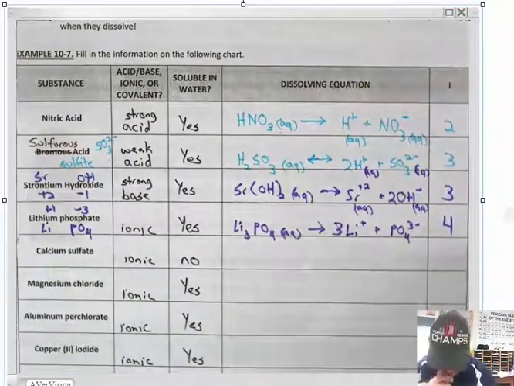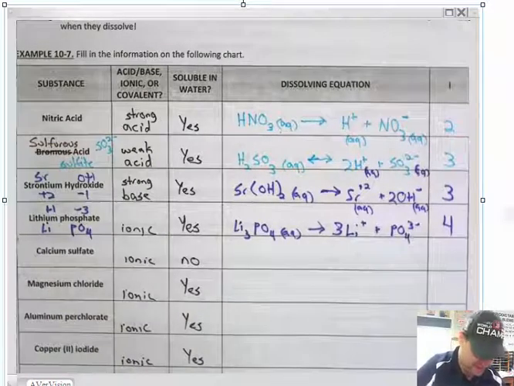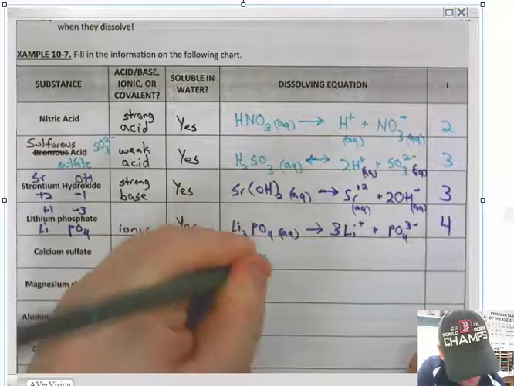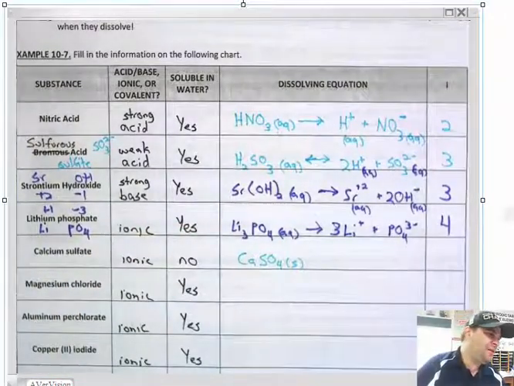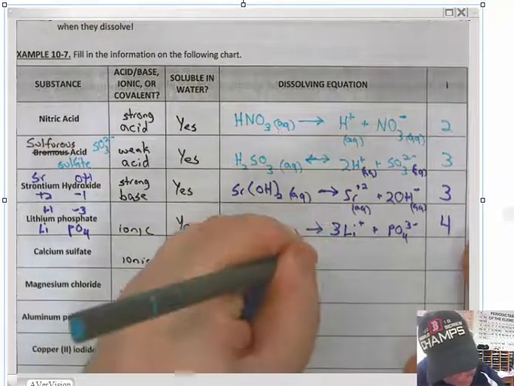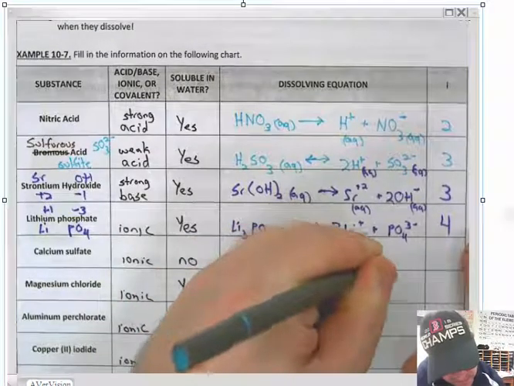Then we get to calcium sulfate. Calcium sulfate is a solid. So this is CaSO4 solid. We will not write a reaction for this one for now. In AP you will.